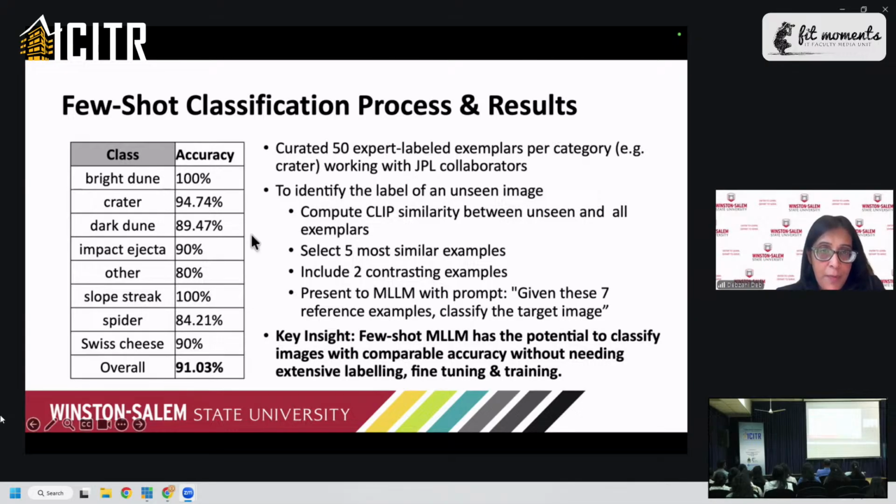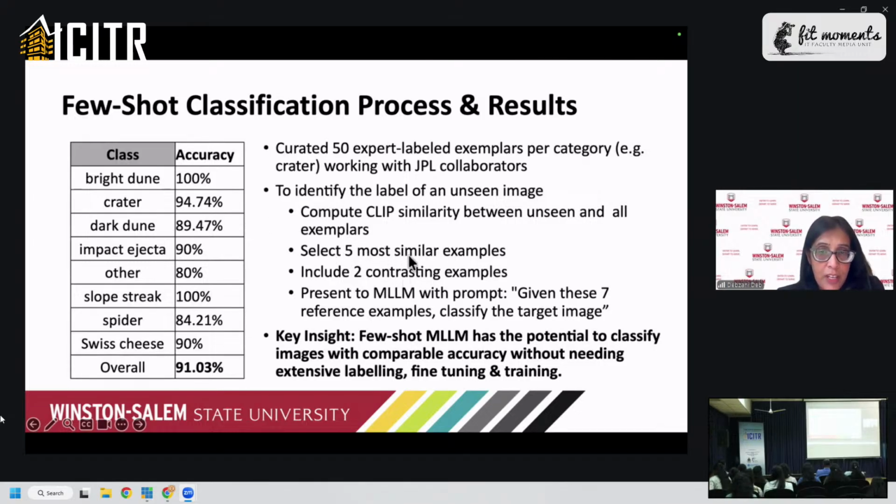So we use CLIP to generate image descriptions for the unseen image and all those 50 category images that our GPL collaborator provided. Then we ask it to select the 5 most similar example images. And then we include 2 contrasting examples which do not belong to anything that the system identified as most similar.